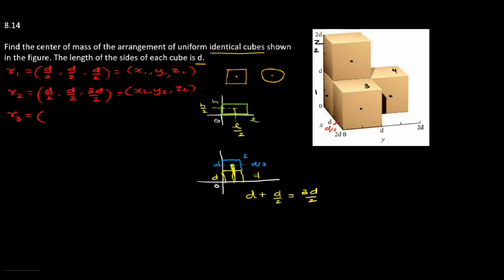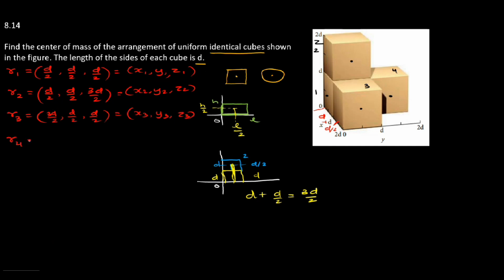And if I were to find this position from 0, it has to be d plus d by 2, just like how we showed here. So d plus d by 2 is 3d by 2. It is not displaced along y and z axis, so their values remain the same, d by 2 and d by 2, which we can call x3, y3, and z3.